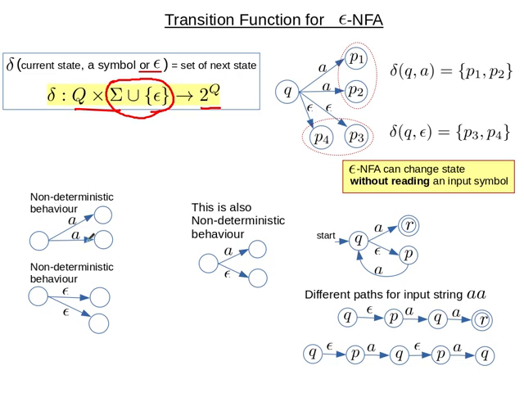So that was the non-deterministic behavior. Here you can also have this sort of thing with epsilon. On epsilon, it's not that you need to move to some specific state. On epsilon also you can move to many different states, as shown here.